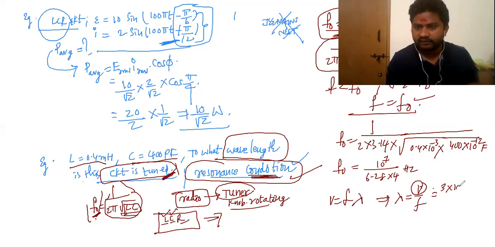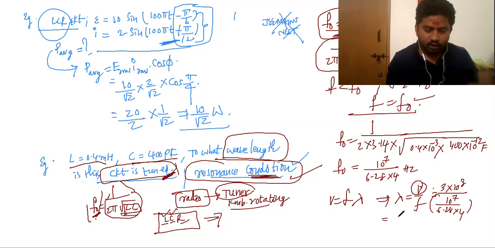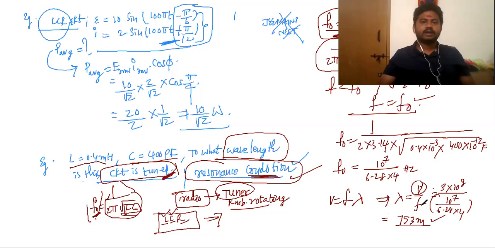So radio wave, anything, 3 into 10 raised to 8 by the frequency given, 10 raised to 7 by 6.28 into 4. If you solve this, you get your wavelength as almost 753 meters. All right. Clear?